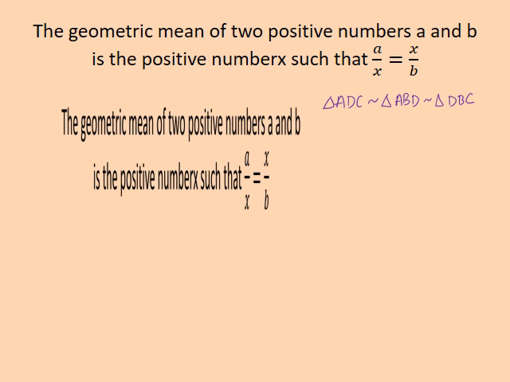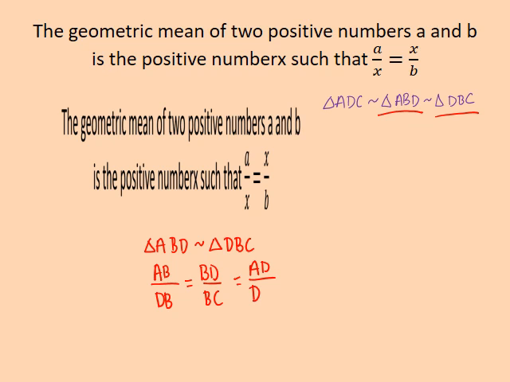The last geometric mean relationship we're going to look at is between triangle ABD and triangle DBC. Triangle ABD is similar to triangle DBC. That's the similarity statement, so let's write the proportionality statement. AB divided by DB is equal to BD divided by BC is equal to AD divided by DC. When we look at this proportionality statement, we discover that DB, which is also BD, is in the denominator here and in the numerator here.